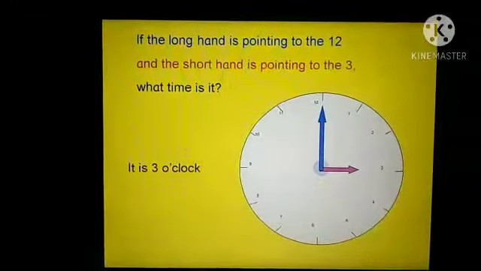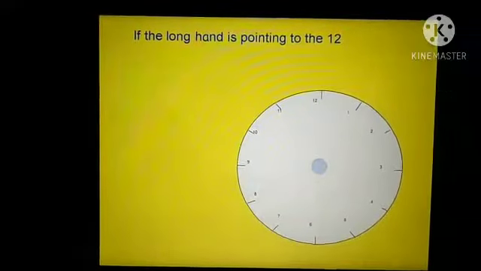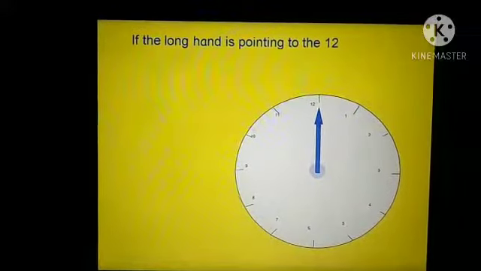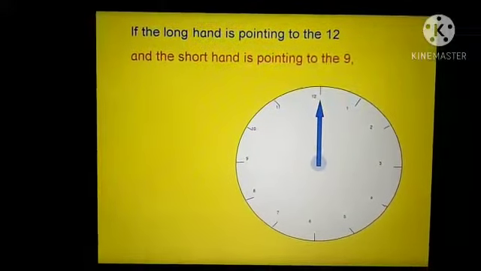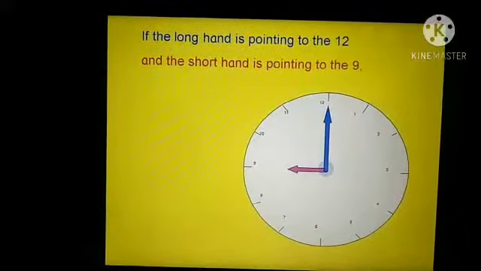Now let's see what comes next. Again, here is a clock that is incomplete. If the long hand is pointing to the 12 and the short hand is pointing to the 9, so what will be the time?